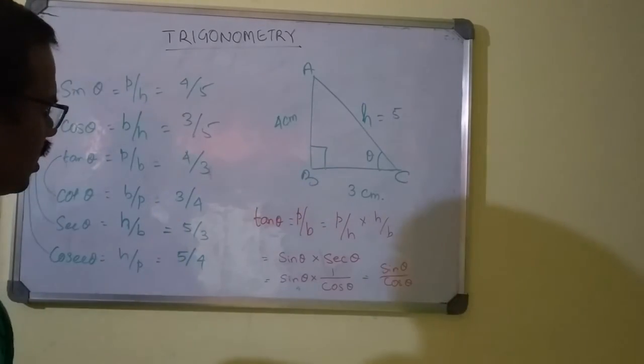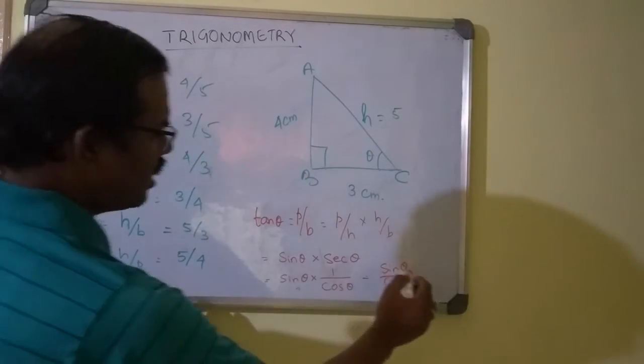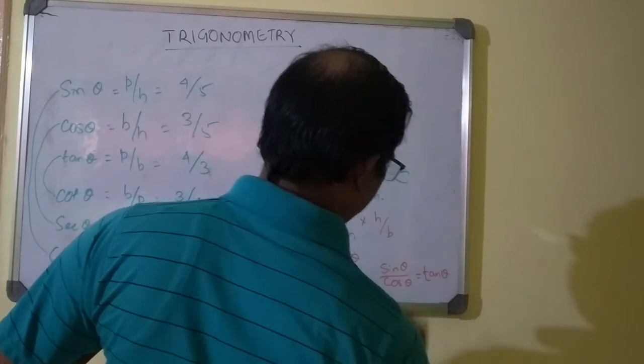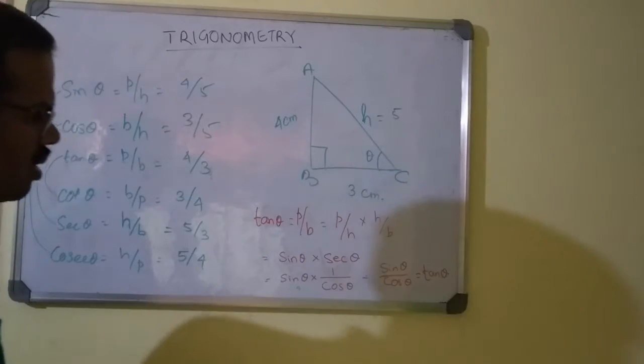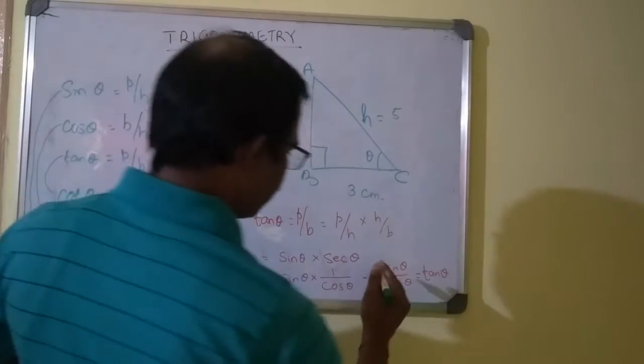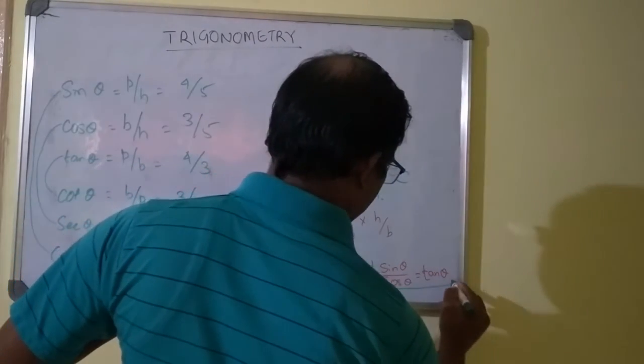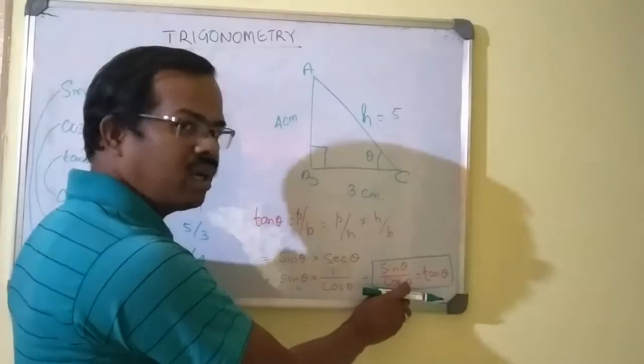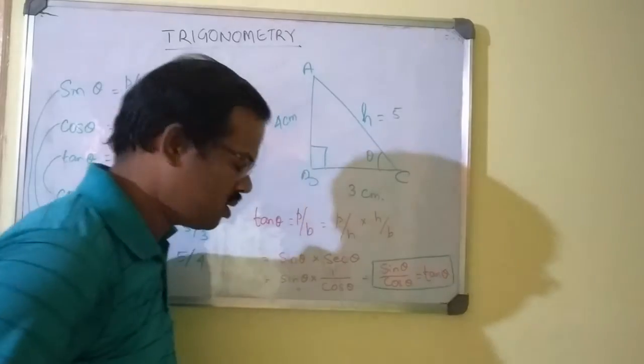So tan theta is equal to sin theta by cos theta. This also you should remember. This formula will help you in solving many of the questions.